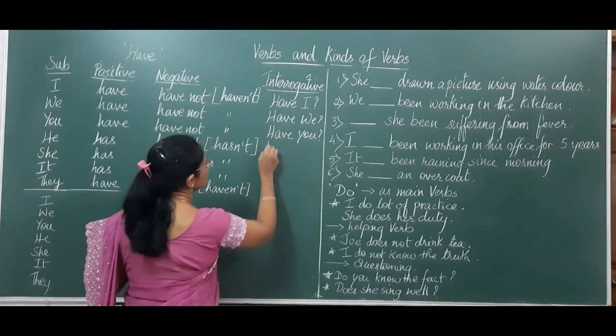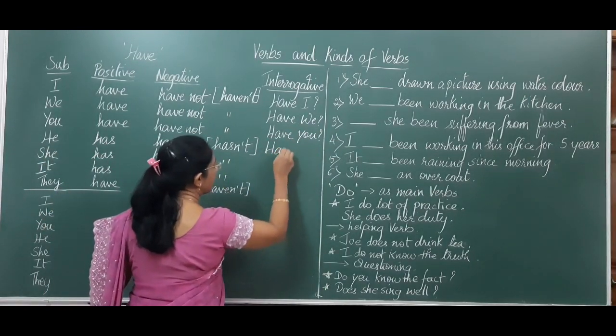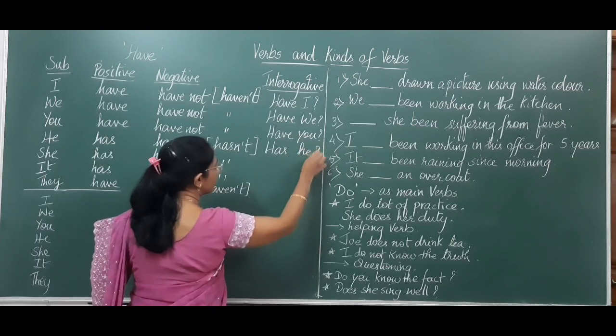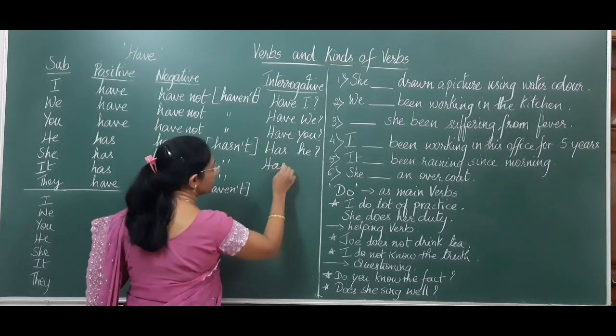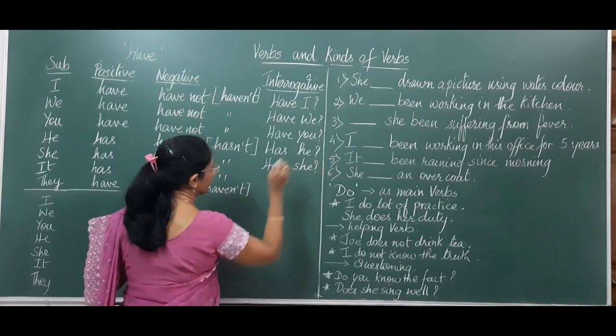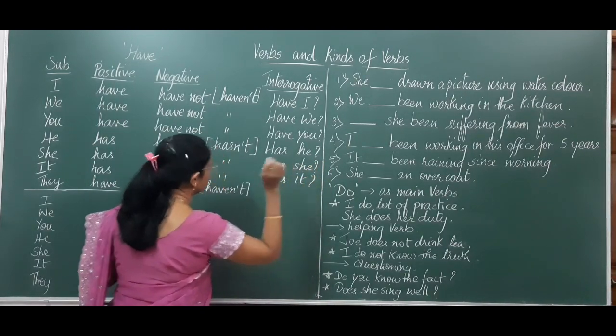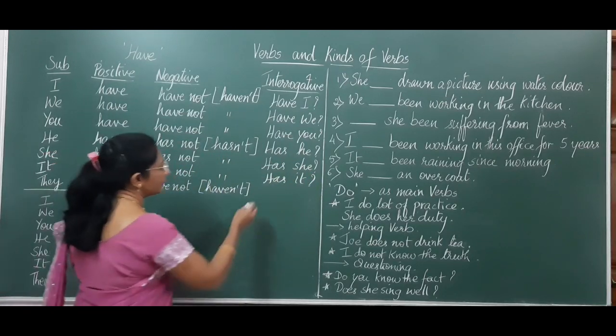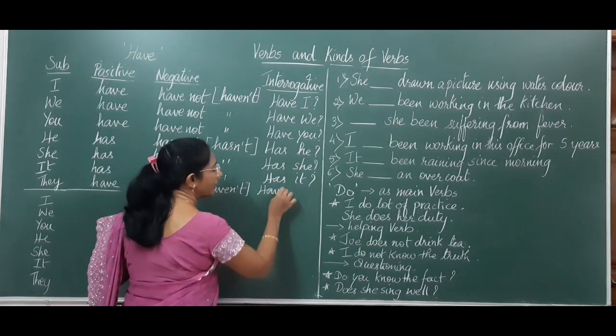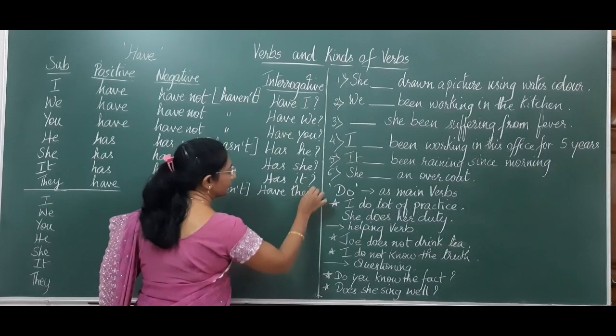He has becomes has he. Has she. Has it. Finally, they have becomes have they.